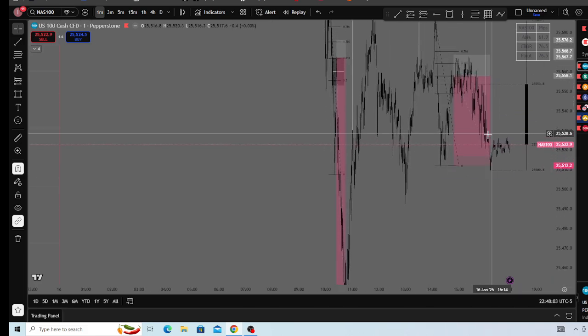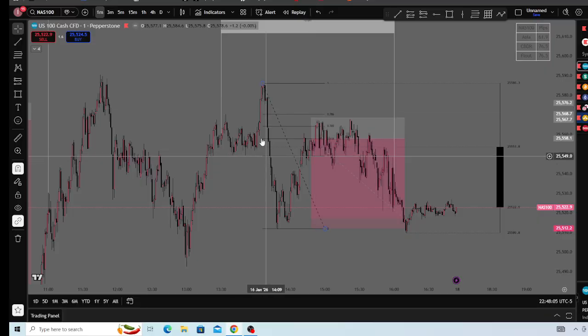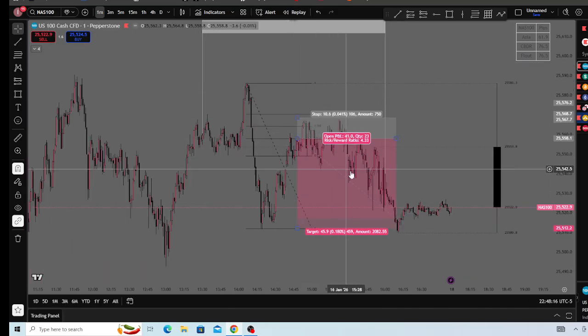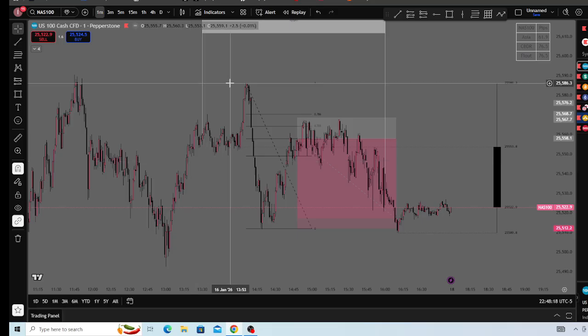But because we had all these gaps right here, basically supporting us and keeping us from skyrocketing here, that's why I was more comfortable taking this even with these choppy conditions here.